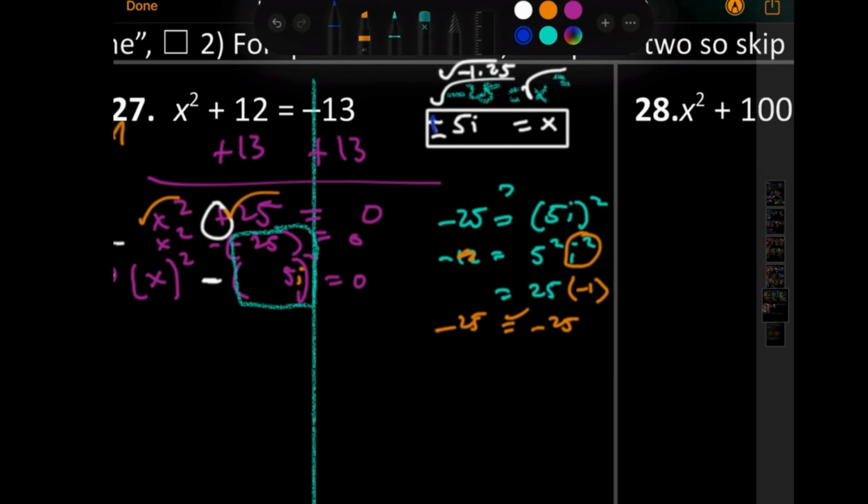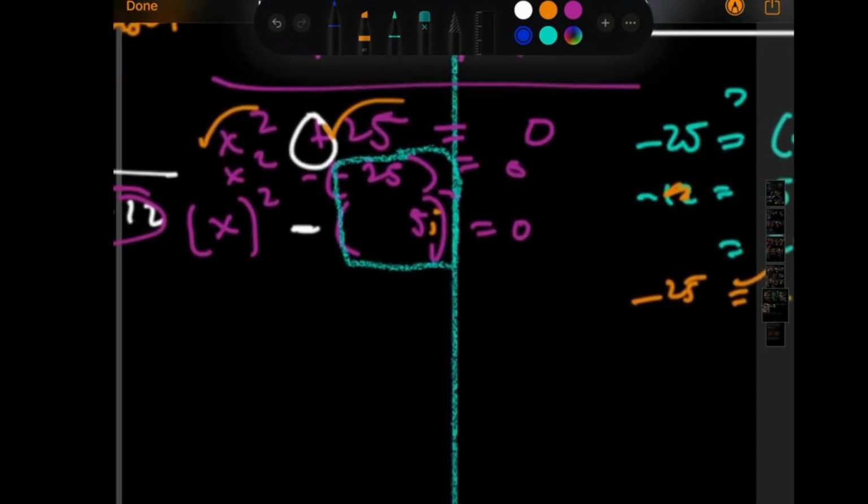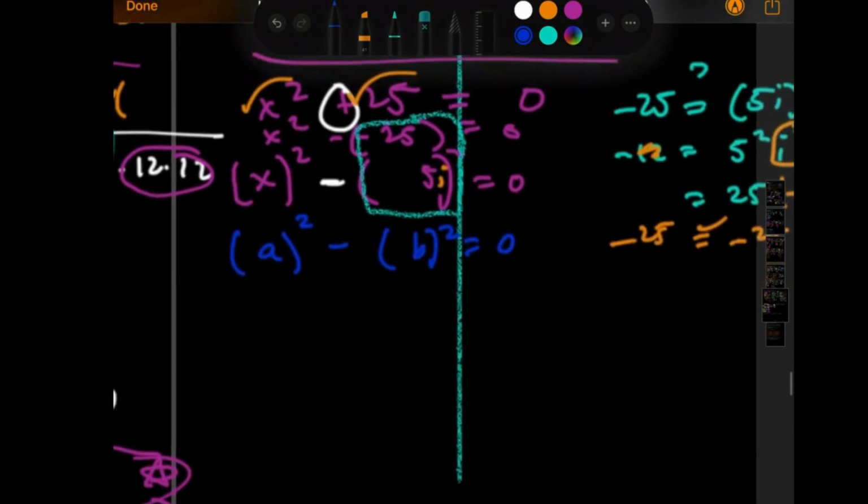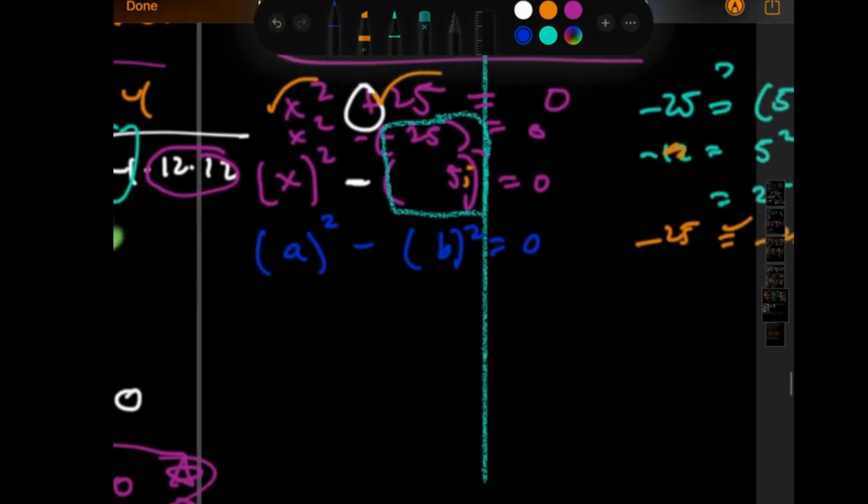Let me write that in blue. And the reason why I want that is so that I can have it in this form. I always write down the formula, super helpful for me. And if you can see, this is called the difference of squares. Does that make sense? Let me highlight that. Difference of squares. And the formula I need to write for that is a plus b, a minus b.